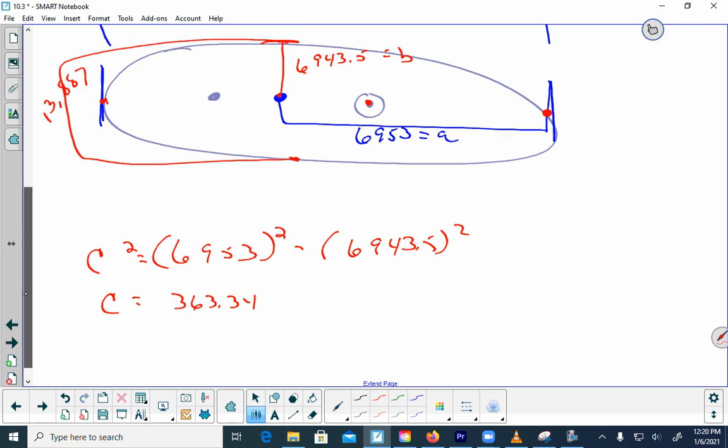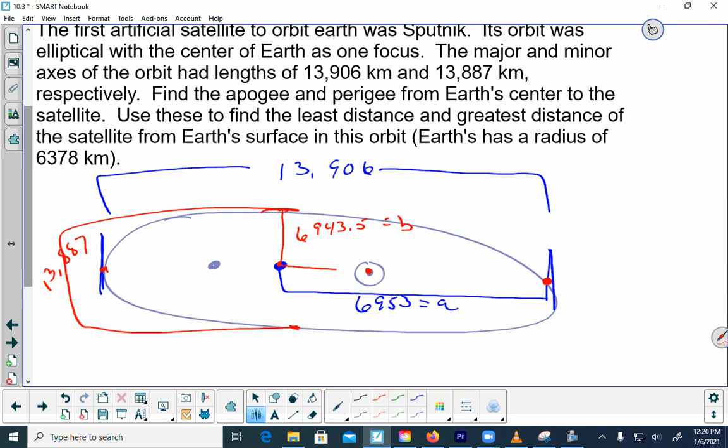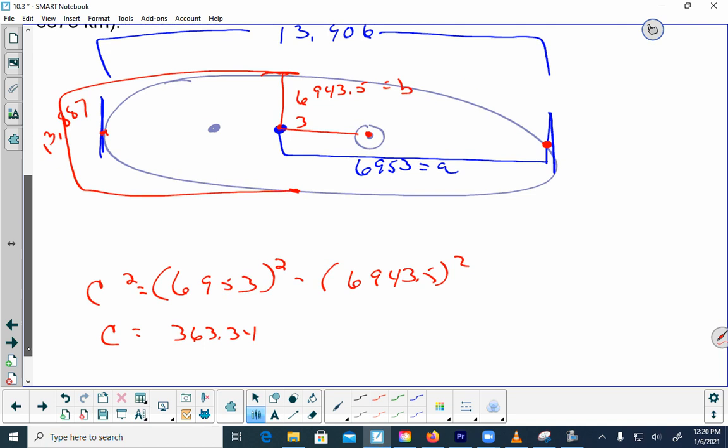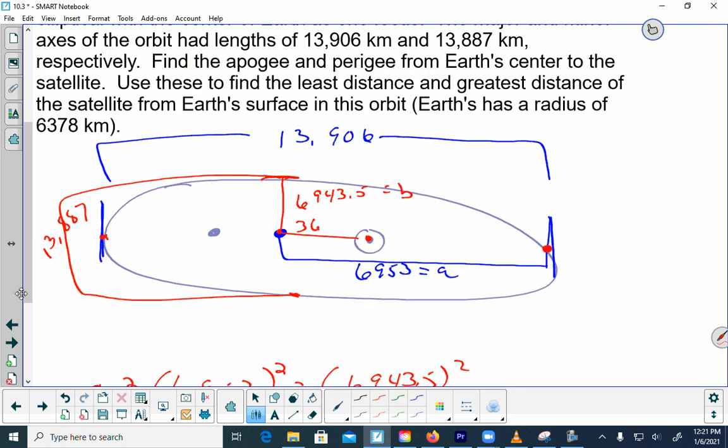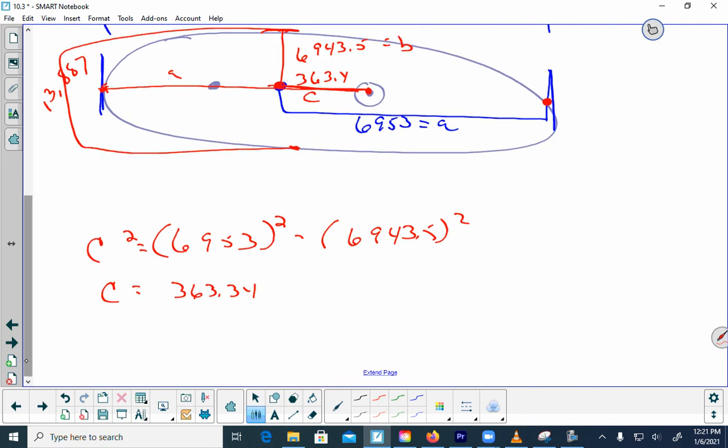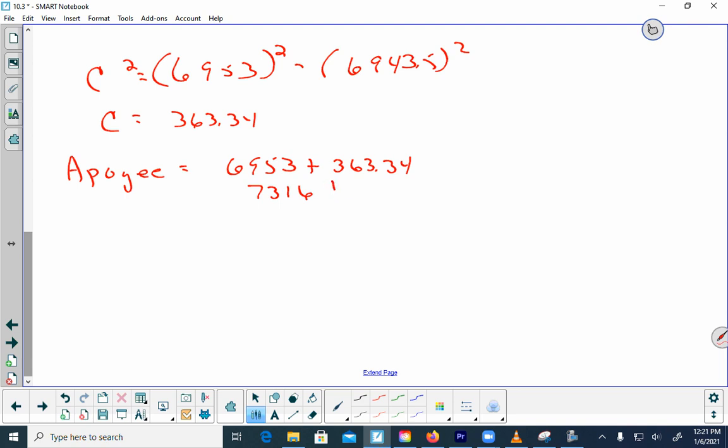So this is that 363. The distance from the focus all the way over here is going to be that C plus here to here, which is A. That is going to be that 6,953, which is my A, plus my C. And that's going to be about 7,316, dropping the decimals, kilometers.